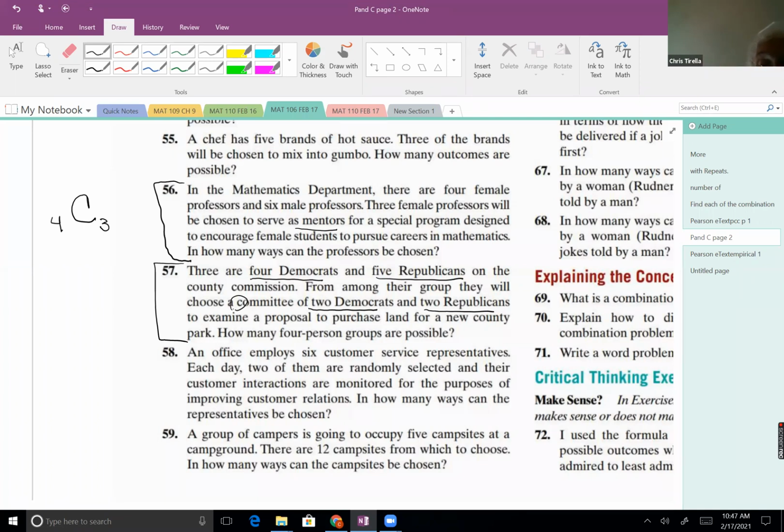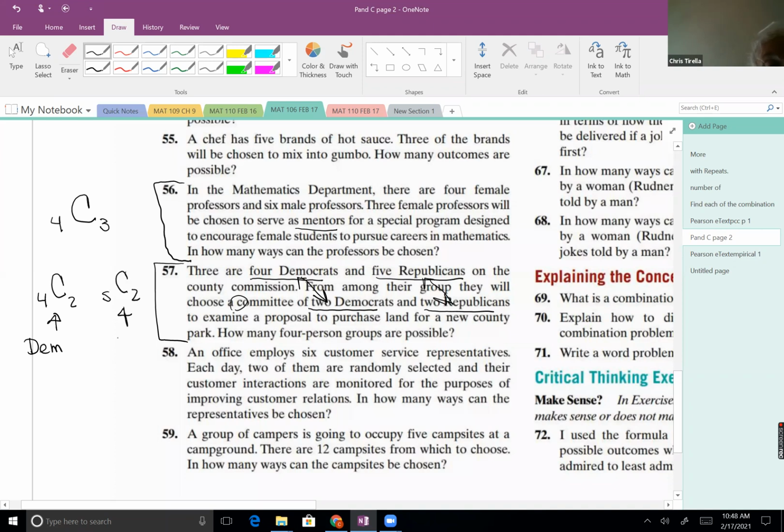So we have combinations. But do you notice I need a combination for the Democrats? I need a combination for the Republicans. I have 2 decisions to make. I have 4 Democrats and I want to choose 2. So that's my Dems. I have 5 Republicans and I want to choose 2.